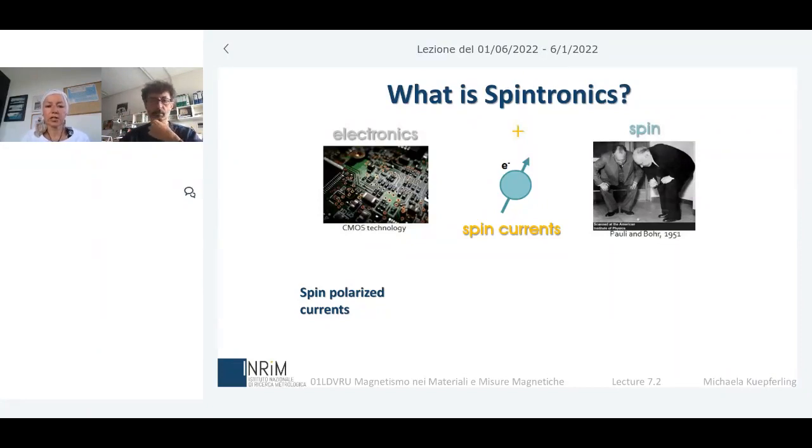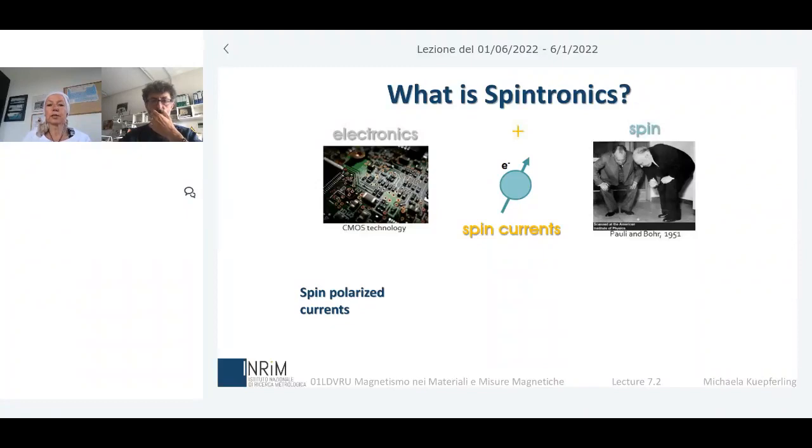But in this lecture, I would like also to show you that we would like to go beyond this concept. The concept of spin polarized currents is a concept that is used already in the GMR, as you saw by Vittoria, where you polarize electrons. And in this way, you can have new effects, and that's very interesting already.